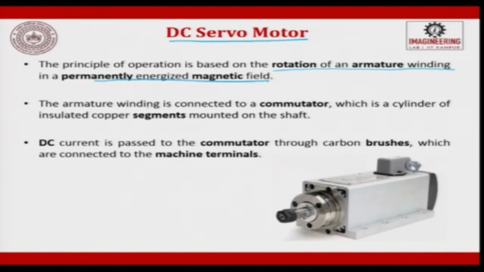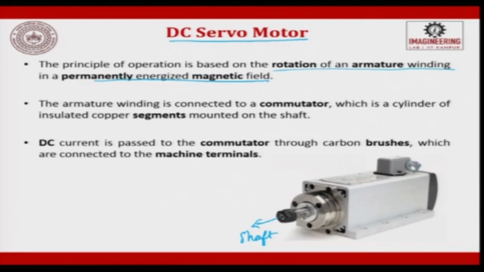The armature winding is connected to a commutator, which is a cylinder of insulated copper segments mounted on the shaft. So, this is the shaft.